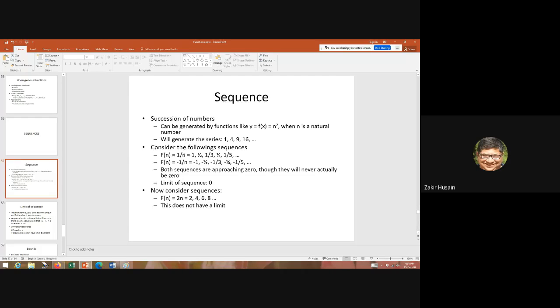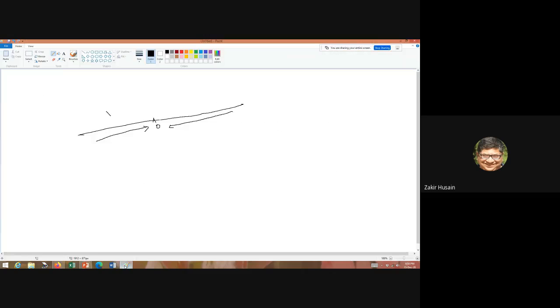We can't use it for mathematical operations. So what is happening is that in both cases, the series is asymptotically approaching zero. They will never actually be zero. They will become closer and closer to zero.